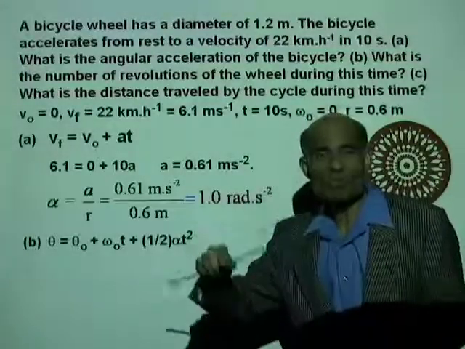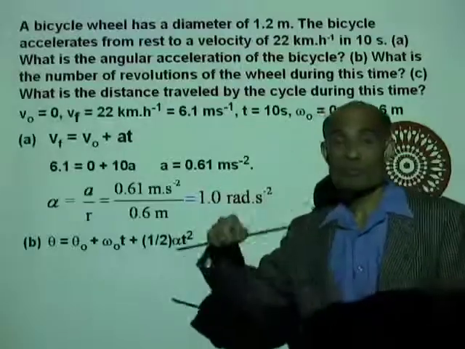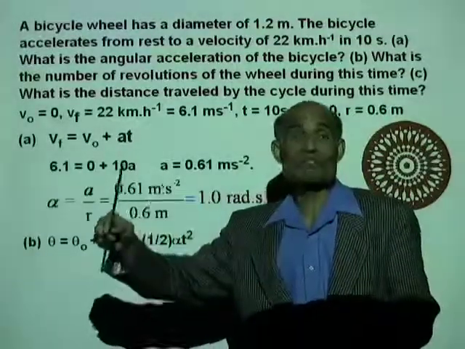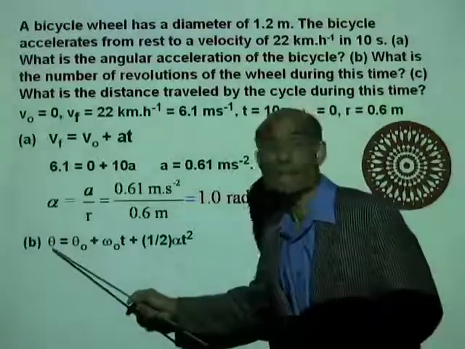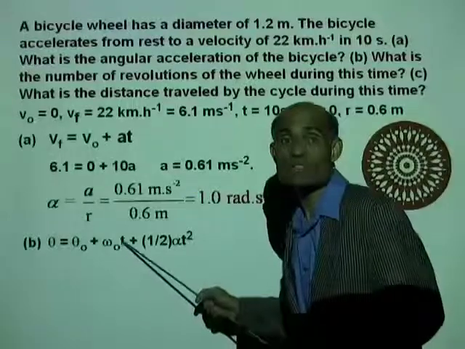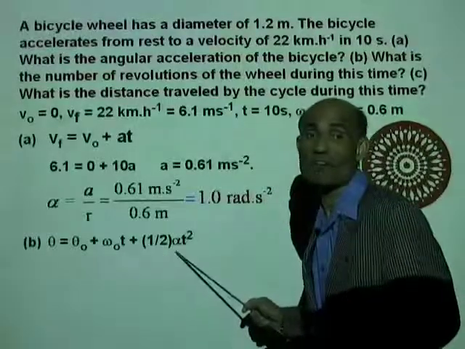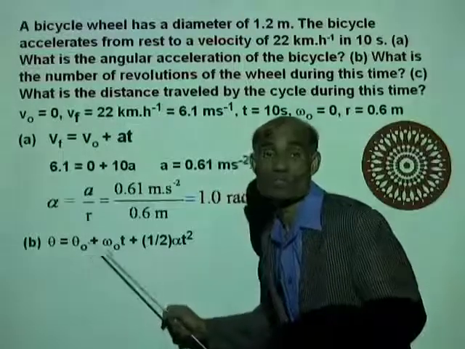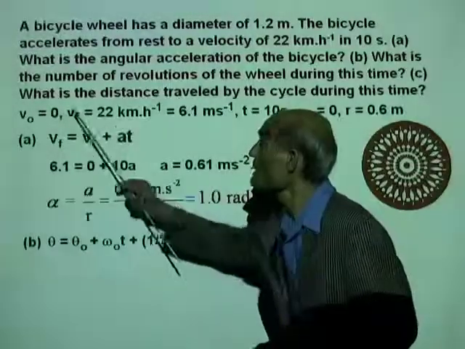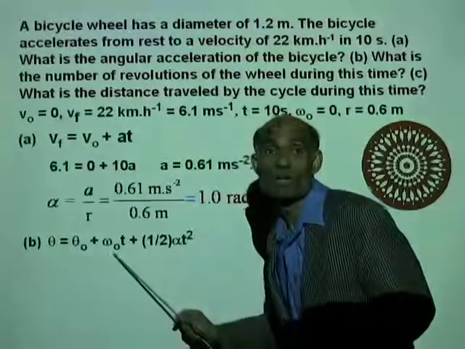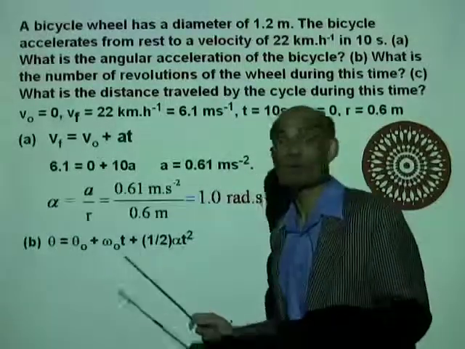To find the number of revolutions, we find the total angular displacement using theta equal to theta 0 plus omega 0 t plus 1/2 alpha t squared. Theta 0, of course, is 0. Omega 0 is 0. If v0 is 0, then omega 0 is 0.